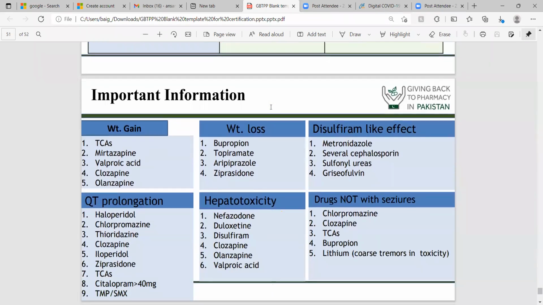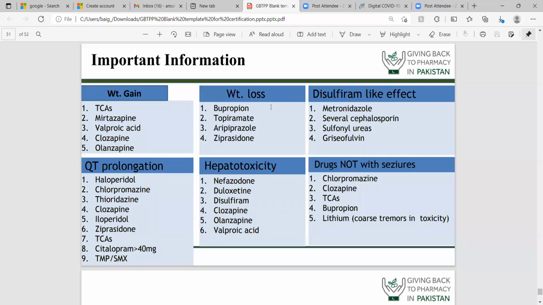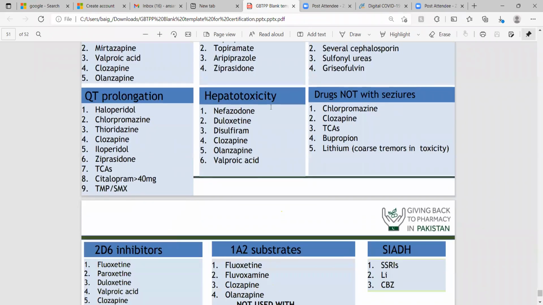So this is just a summary slide which tells you which agent may cause weight gain, weight loss, disulfiram-like effects, hepatotoxicity you have to keep in mind, drugs that are not supposed to be used if the patient has seizure disorder, and QT prolongation.